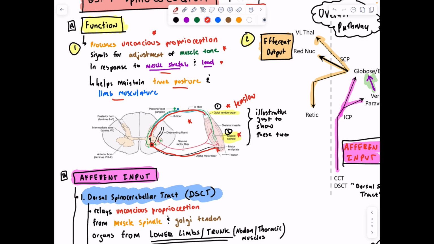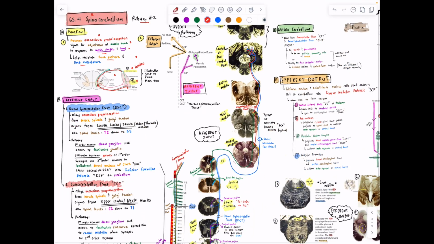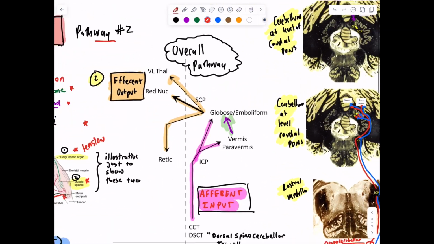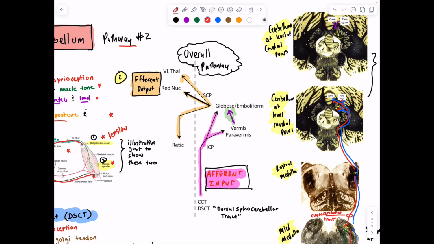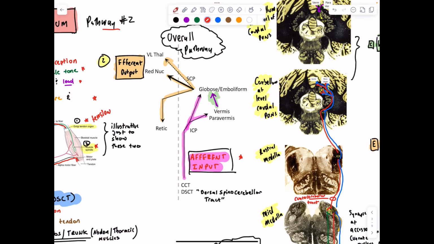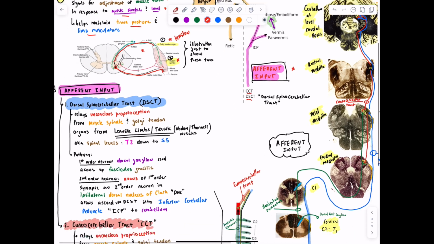All right, so we have unconscious proprioception, and let's talk about the information that we need. This is the overall pathway. We have an efferent input, and this unconscious proprioception coming in from the DSCT and then the CCT. DSCT is the dorsal spinocerebellar tract.